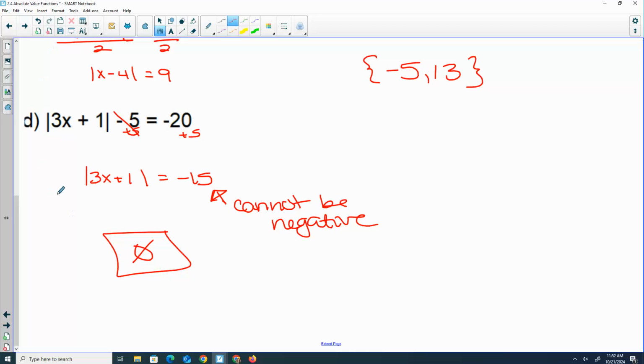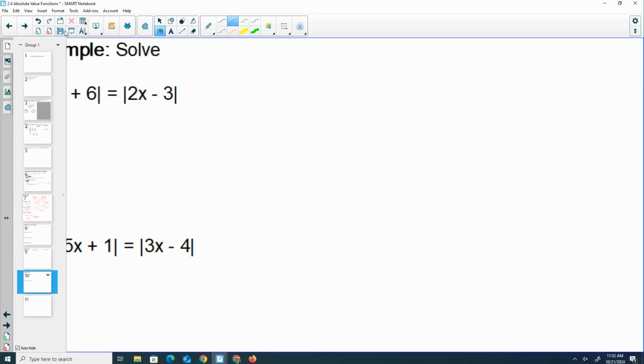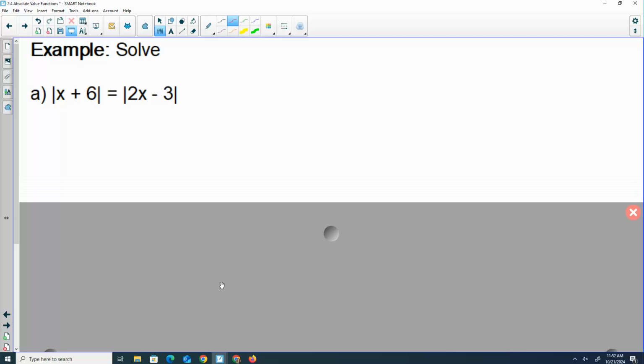I'm going to jump to this one. If I have an absolute value on both sides, that really doesn't change anything. Okay?